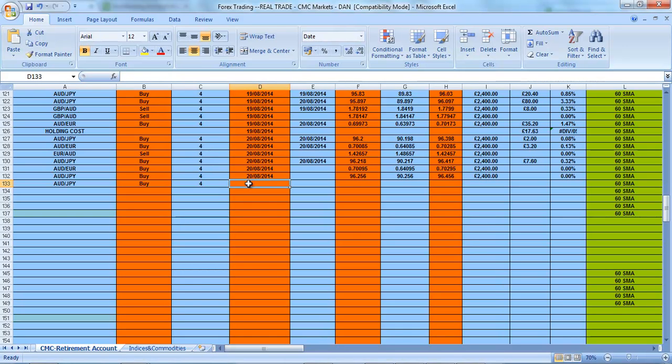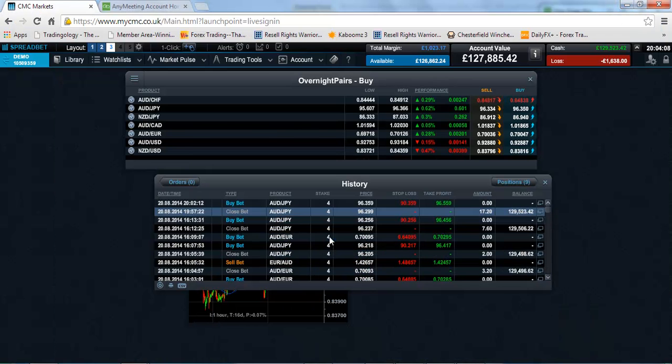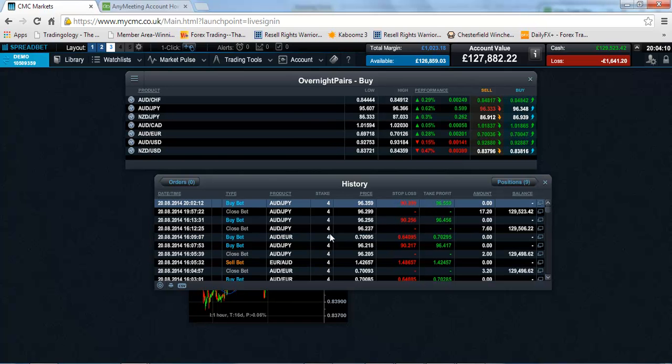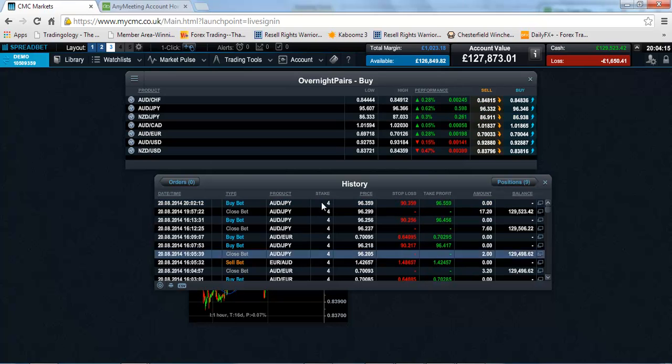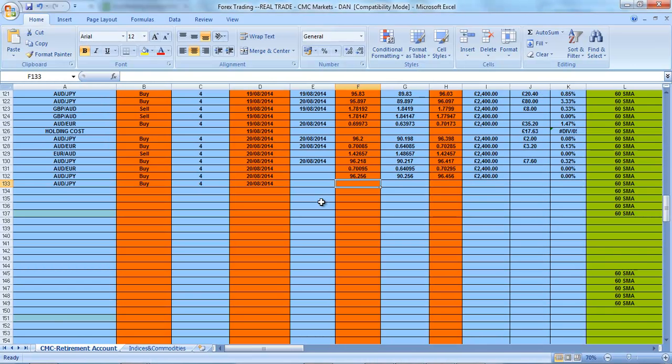Then today's date, which is the 20th of August 2014. I haven't closed it and it hasn't banked me profit yet, so I cannot put in the next date. The next step that I do is the price. So I just go back to my history and the price is there. It's 96.359.